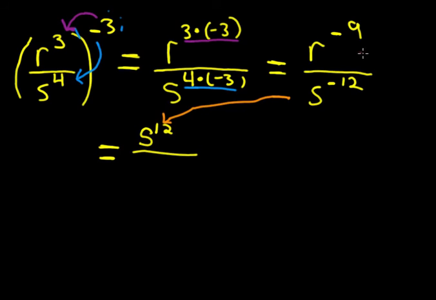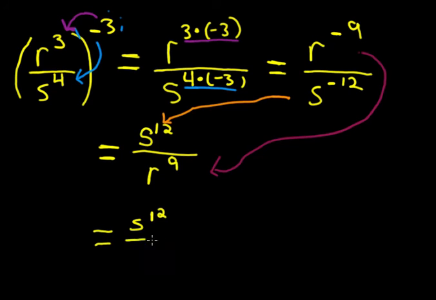And r is going to move downstairs and become r to the 9th, but downstairs. And so a negative exponent moves the variable and the power to the other side of the fraction bar. But notice we lose the negative signs in the process. And so you can think of it as moving upstairs or downstairs.